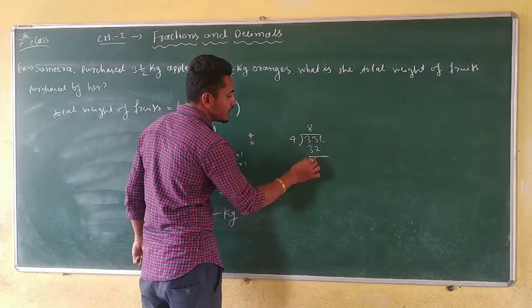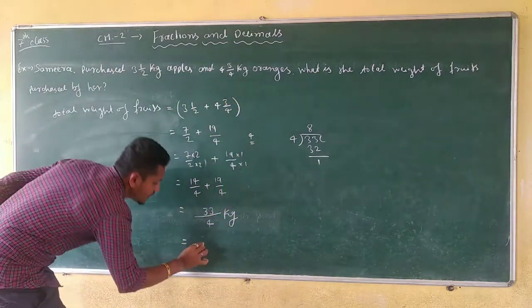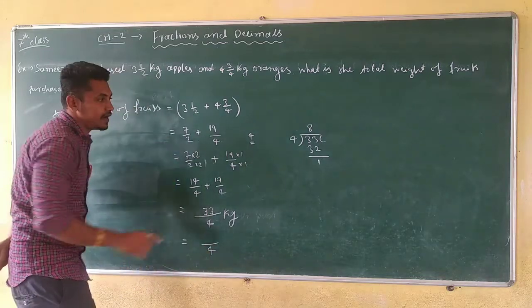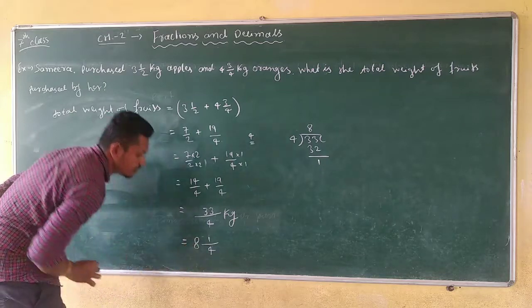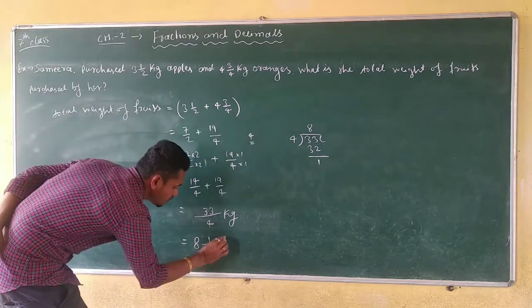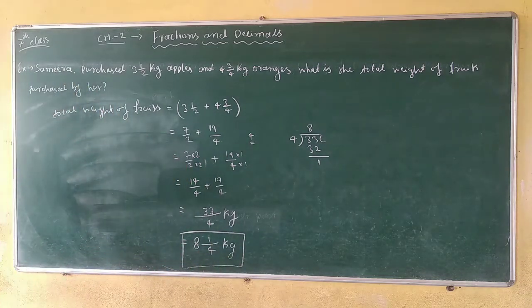Then 33 minus 32 is 1. The 4 is written in the denominator, the remainder in the numerator, and the quotient is written here. So 8 1 divided by 4 kg. This is your answer.